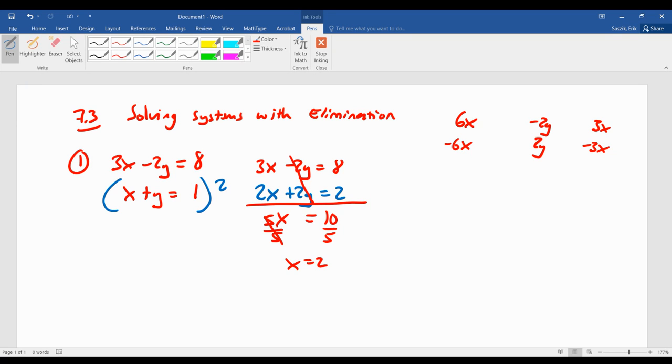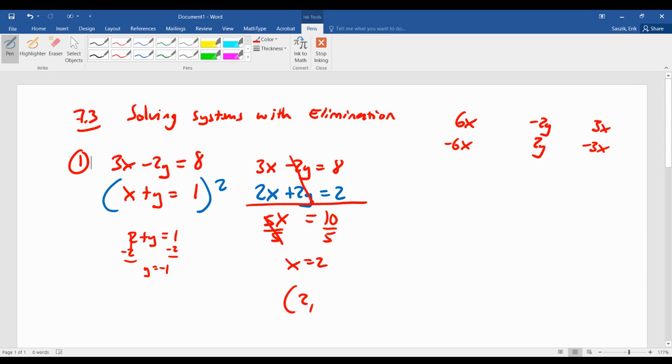Now, we're not done yet with this problem. We have to figure out what y is. You can take this 2 and go back and plug it into either one of these equations. Doesn't matter which one. Looks like the second one will be easier. Because x is now 2, 2 plus y equals 1. Move the 2 over, and you get y equals negative 1.